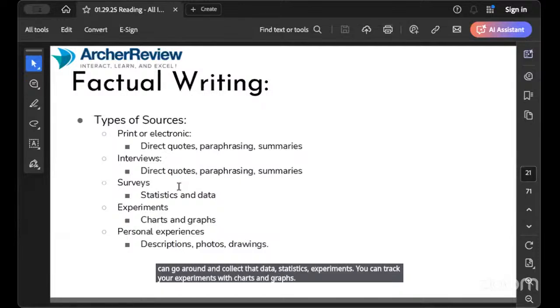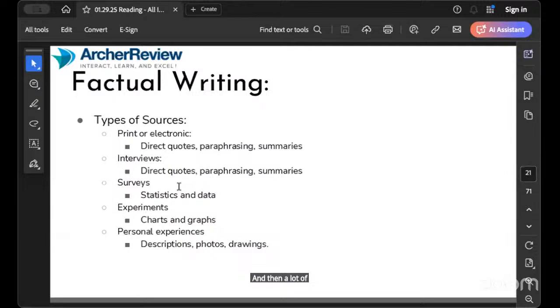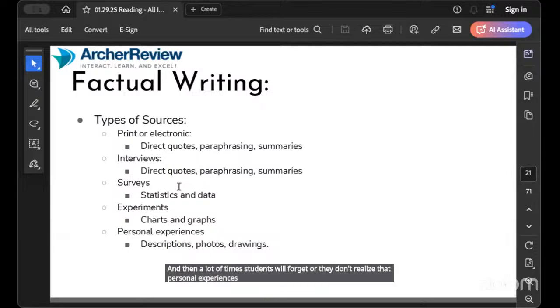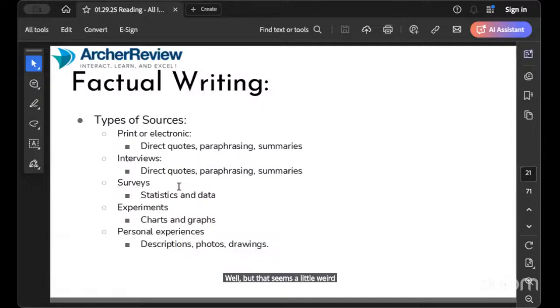And then a lot of times students will forget or they don't realize that personal experiences are actually recognized as factual writing. Well, that seems a little weird, right? Because with facts versus opinions, opinions are based off people's personal thoughts.